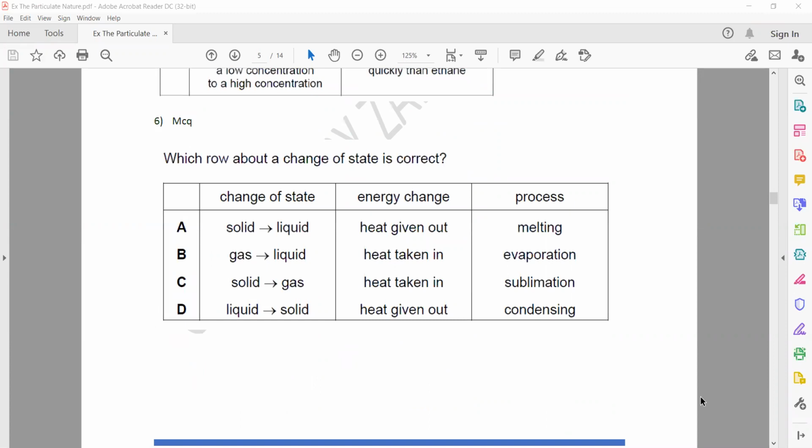Moving on to the next question. Which row about the change in state is correct? For question 6.